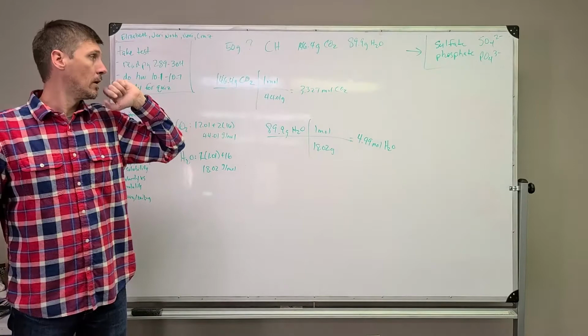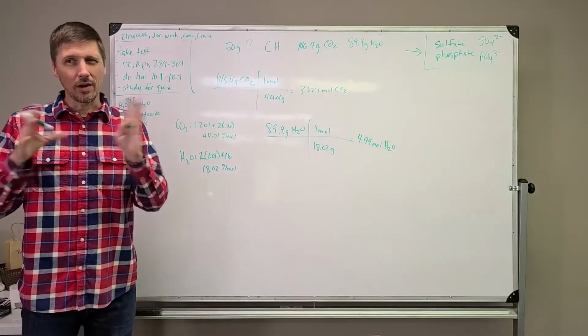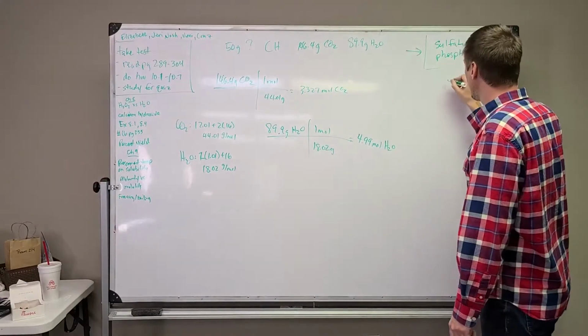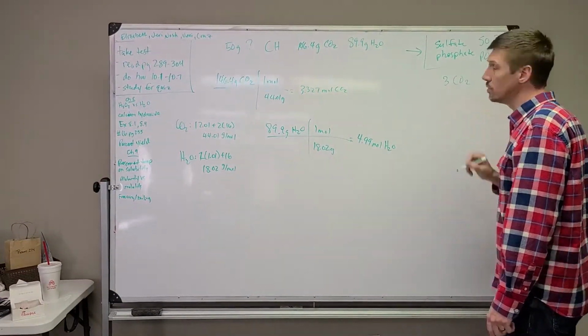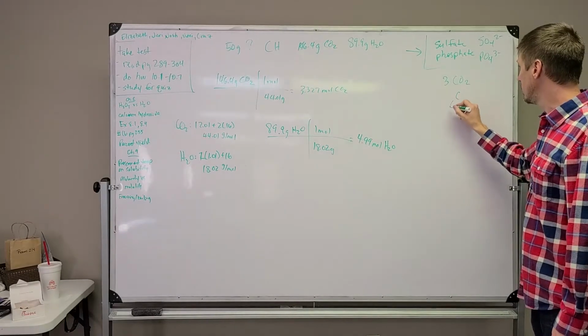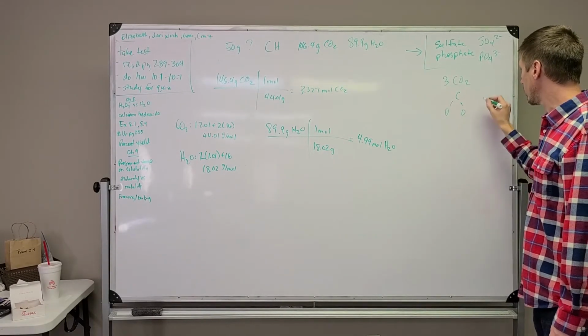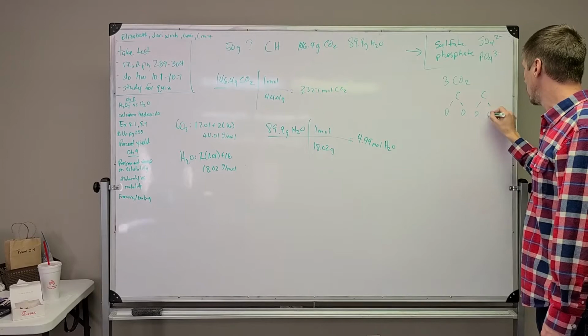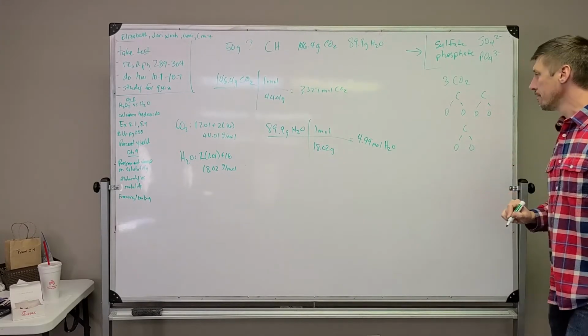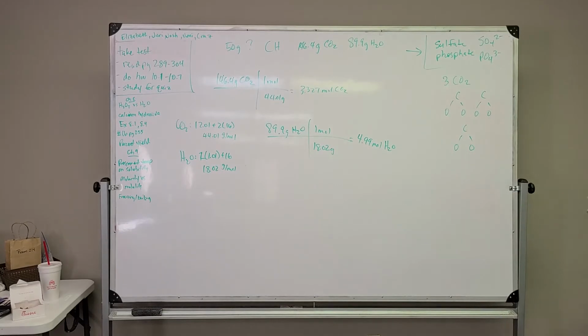All right? So this is an area that sometimes students get confused in, so I want to make this clear. If I have 3 CO2 molecules, so I got a C with a couple of O's hanging off of it, right? I've got 3 of those. So if I've got 3 of these, how many carbon atoms do I have? 3.